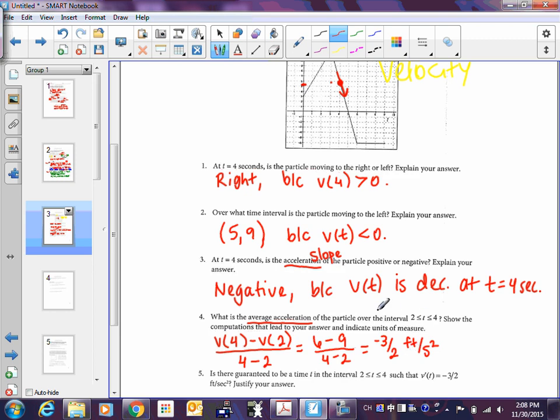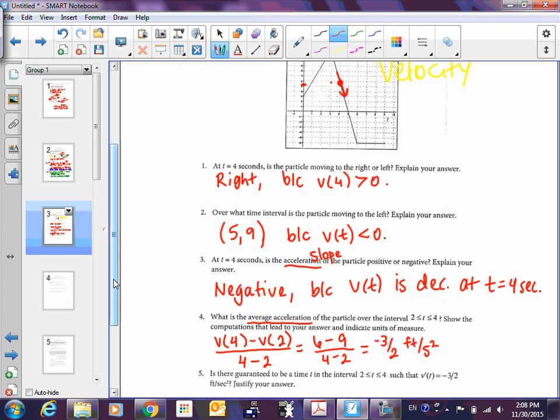It would be okay to leave it unsimplified, but if all you wrote down was negative 3/2 because you just did rise over run, you wouldn't get all the credit because it specifically wants you to show the computations. That's not my rule, that's just something we have to do.